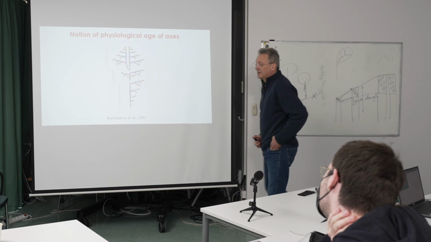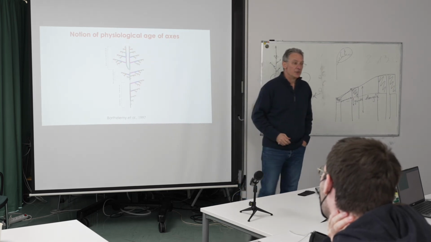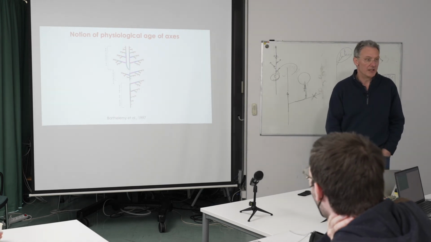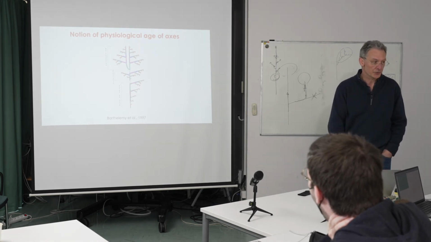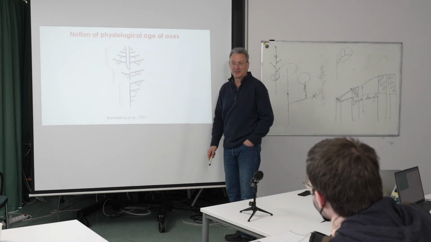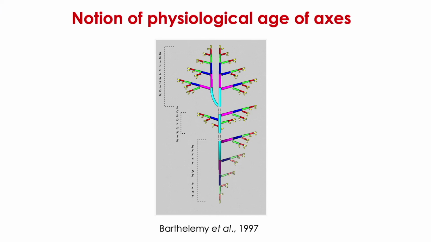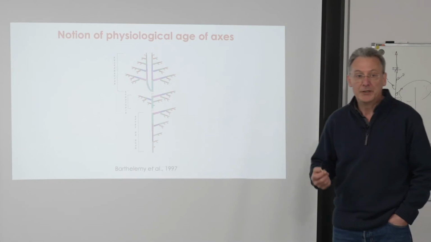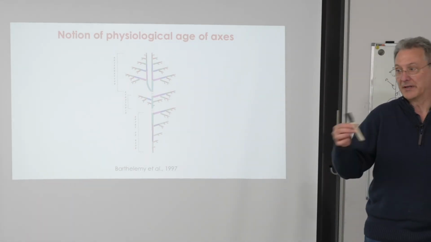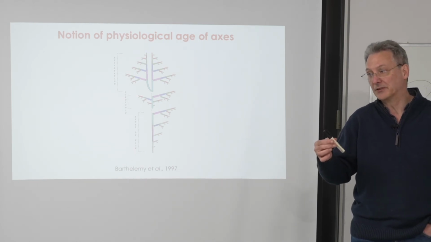And this led the biologists to this notion that is quite central, I think, in what we want to do, which is the notion of physiological age of axis. So the idea is to say, in order to represent the different axes of a plant, I will use one single variable that I will call the age, or the physiological age.